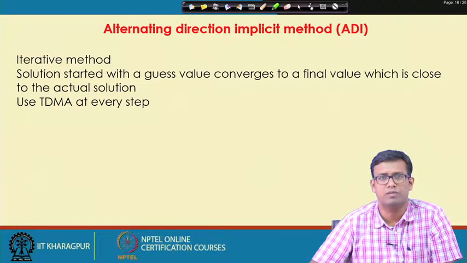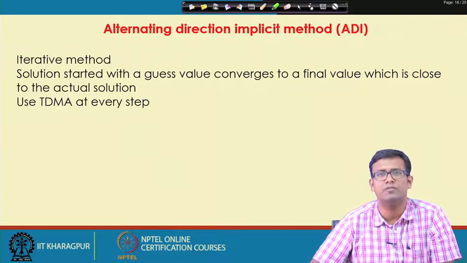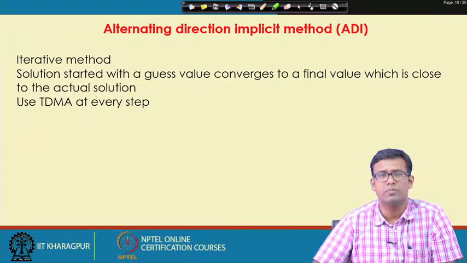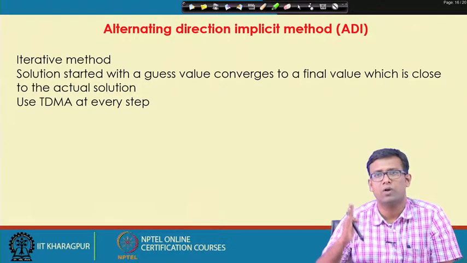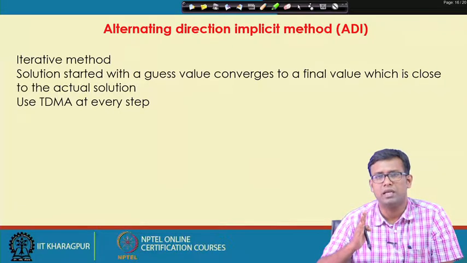The advantage is that TDMA is a very fast solver, but this can only be done for a tridiagonal matrix. So, we break down into iterative methods, where iteration is done now over the lines, and each line is solved as a line relaxation method using TDMA.